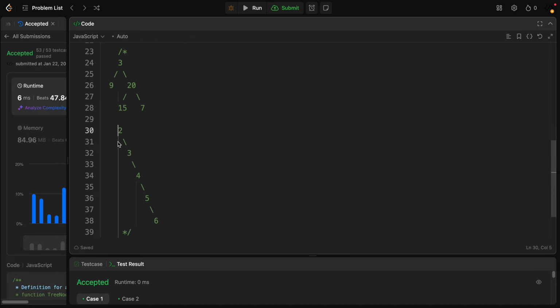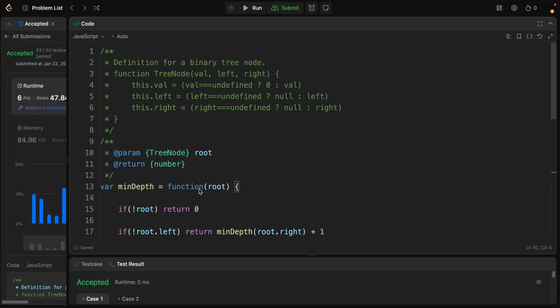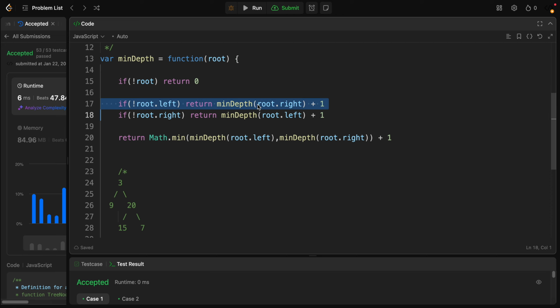The Math.min of 0 and 3 would give 0, plus 1 it would be 1. But since one subtree is missing, which is null, we ignore the Math.min and only take the depth of the existing subtree.